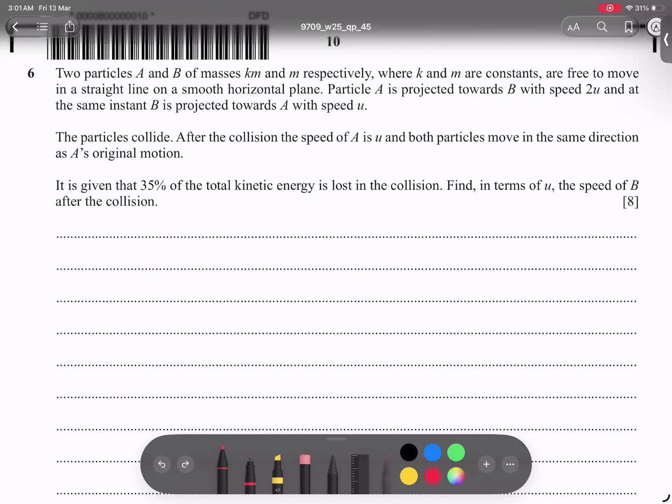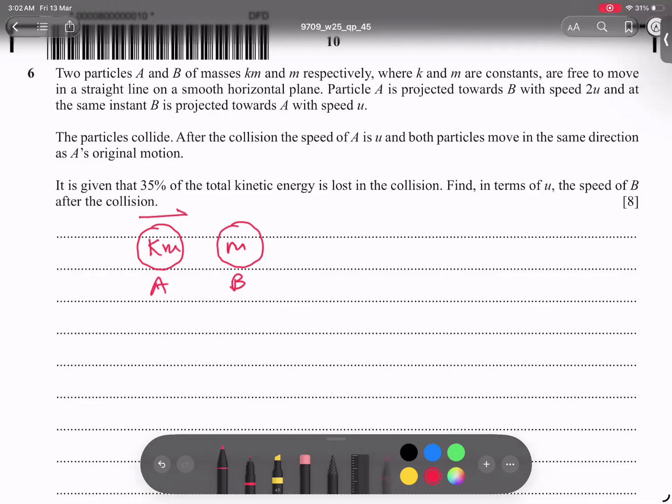You know, students, this is particle A, this is particle B, the mass of this is km, and this mass is m.